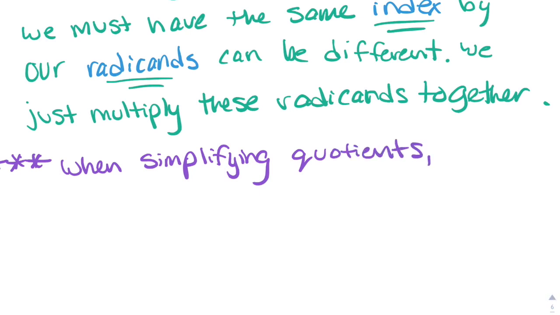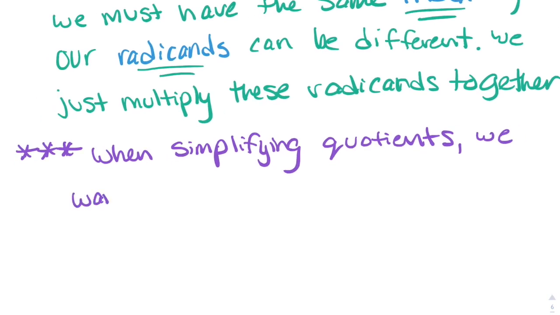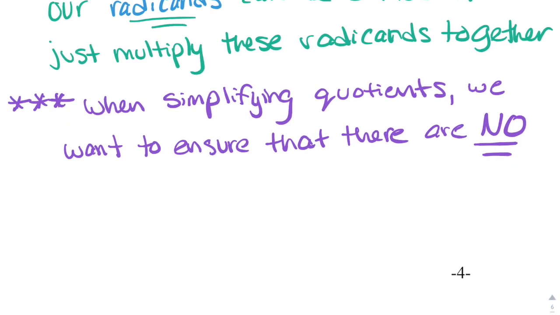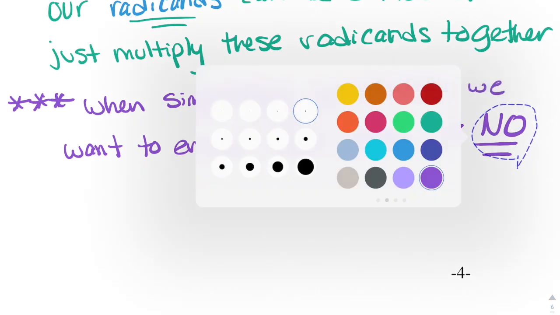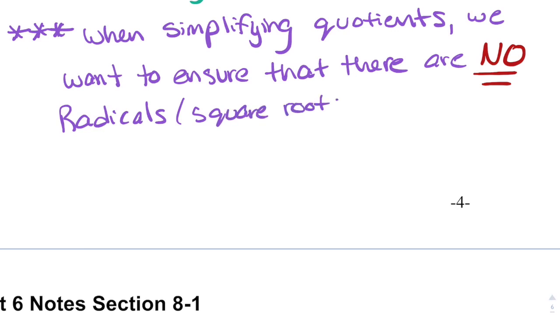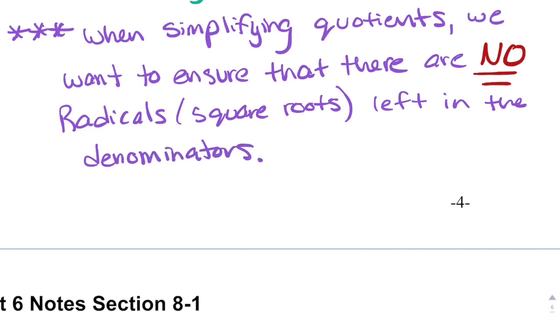So when simplifying quotients, we want to ensure that there are no radicals or square roots left in the denominator. That's the most important part.